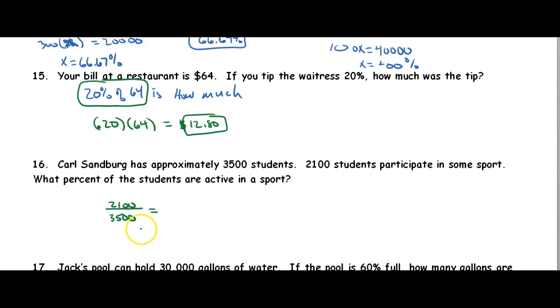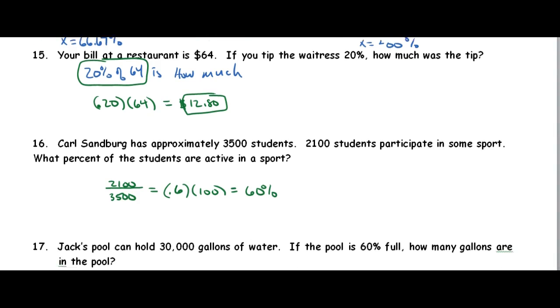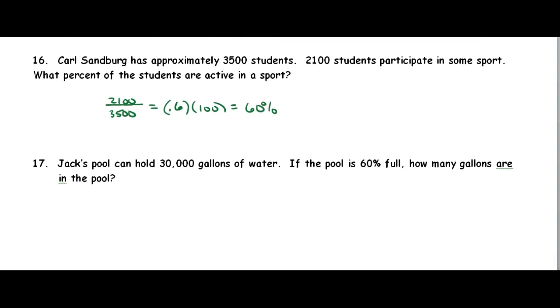Now, if you take this and divide it, you get 0.6. But that is not the percent. To convert that to a percent, we multiply it by 100, and we come up with 60% of the students in school participate in some sport.